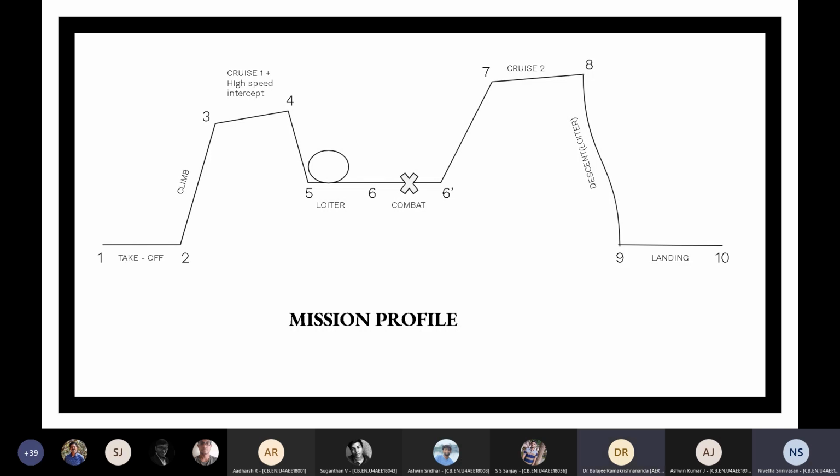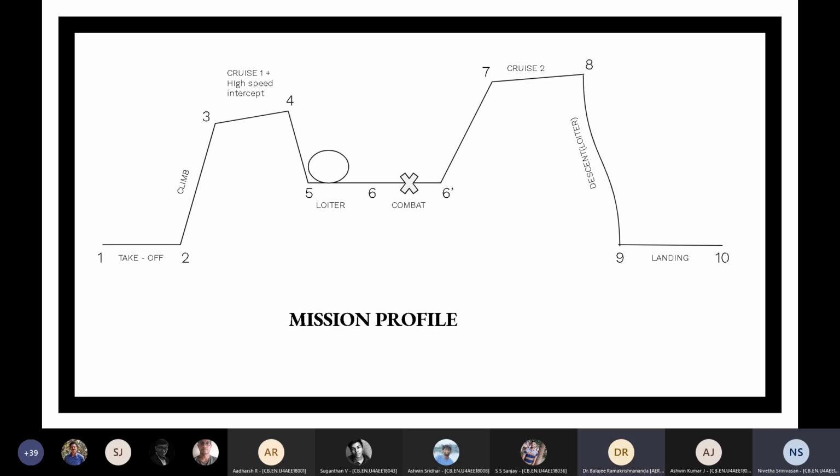If those verbal commands are not heeded, the ATC can instruct the pilots to initiate combat, which is why we've given a loiter as well as combat right after a loiter. Before combat there should be some time to chase the aircraft. That's why there is some loiter, after which there is combat.